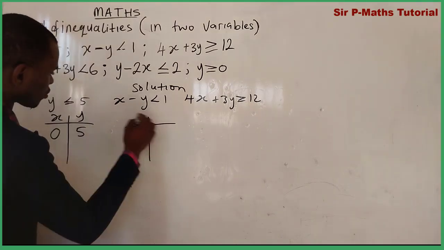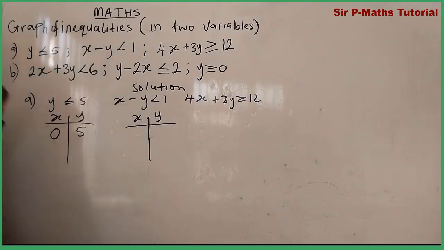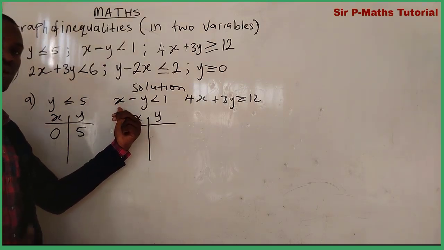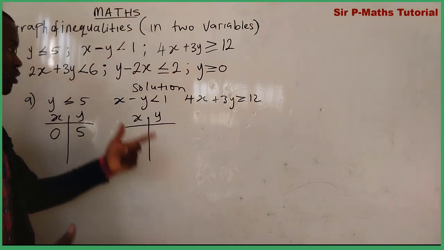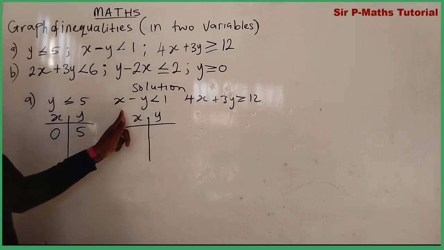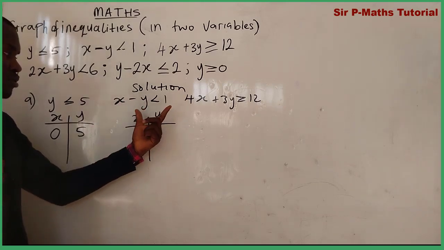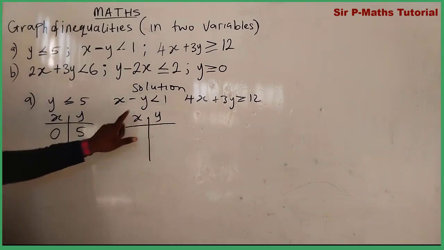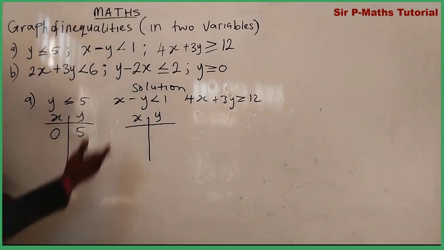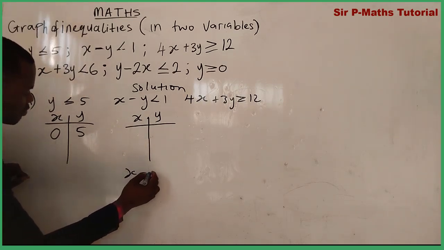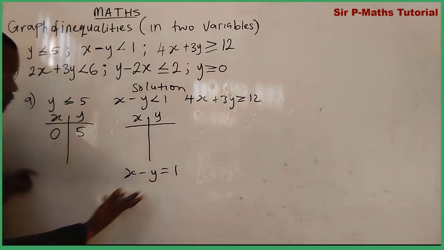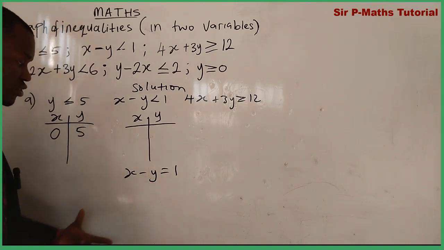I'll prepare a table for this one. We are going to use the knowledge of x and y intercepts. When x is 0, y always has a value. When y is 0, x has a value. We use this to get the values of x and y of this inequality. So I have x minus y equal to 1. The first thing you do is to change it to an equation.